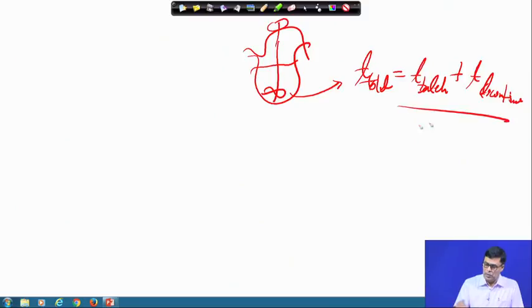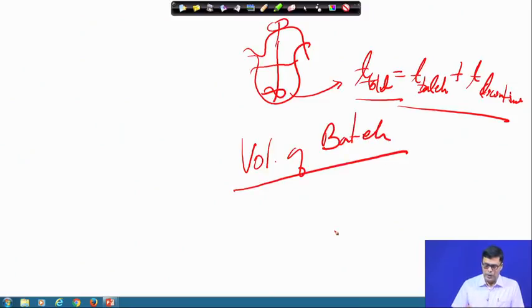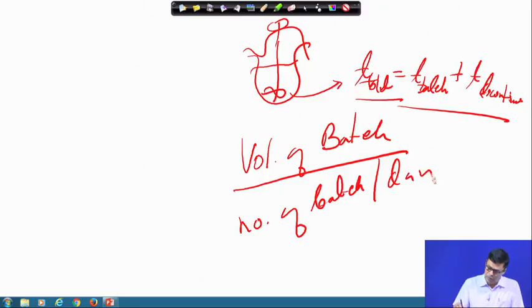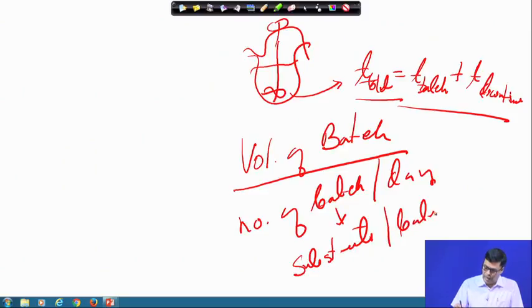So what I want to tell you is that when you find the volume of the batch reactor, we first have to calculate how many batches we can operate per day, the number of batches per day. Then we find out how much substrate is required per batch, and then we can find the volume of the reactor.